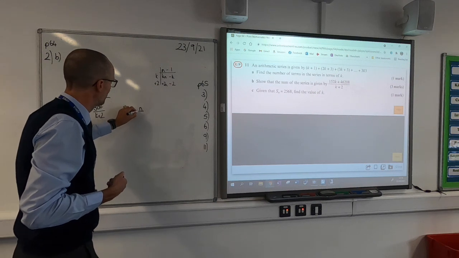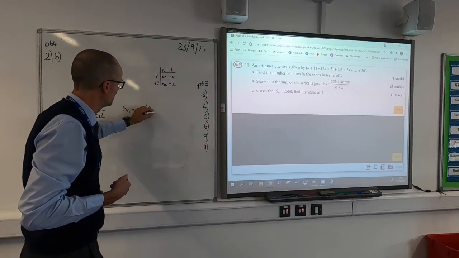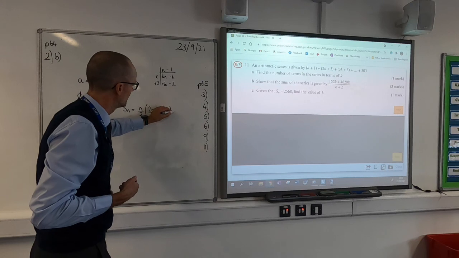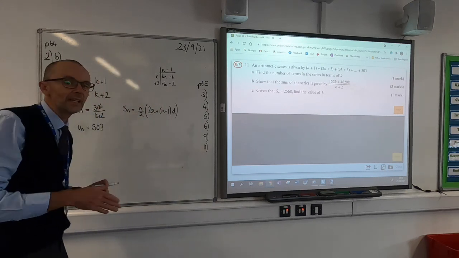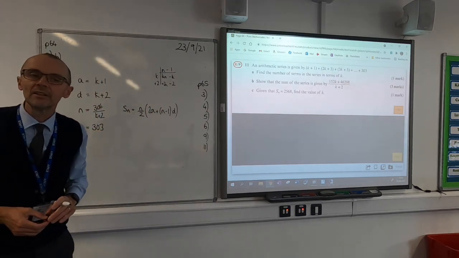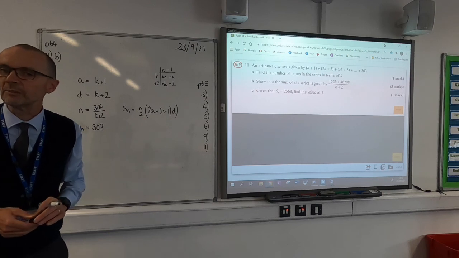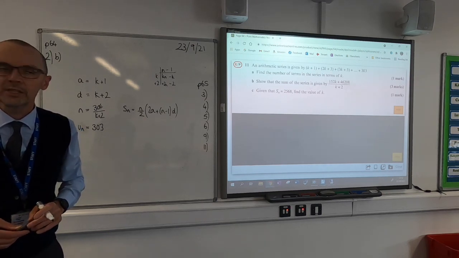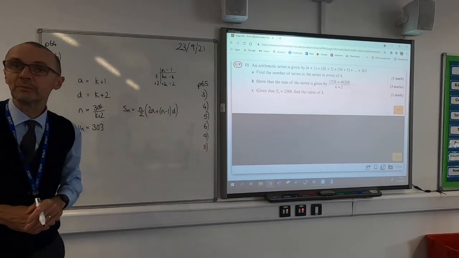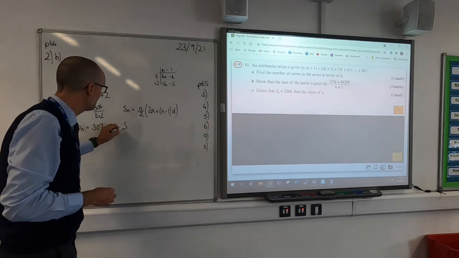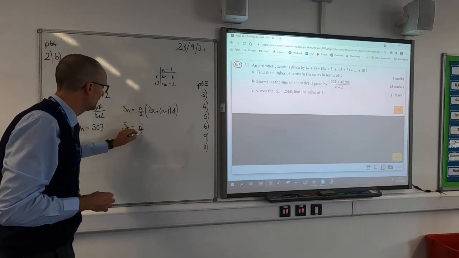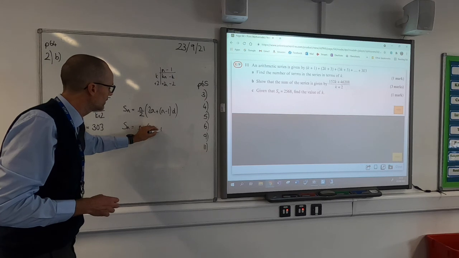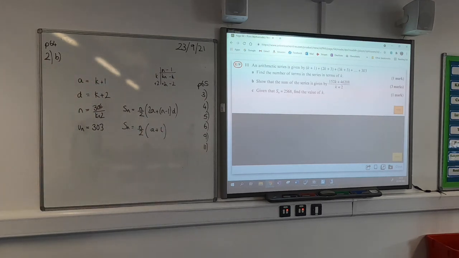So the sum formula is this. Except I know the last term, don't I? So I could carry on with this version, but actually, do you remember there's a simpler version of the formula, if you know the last term, so I could use that.